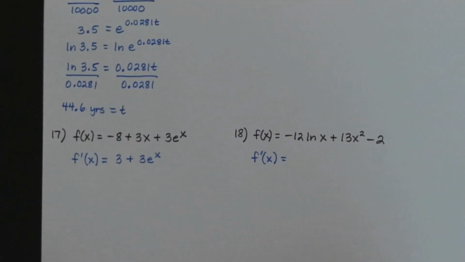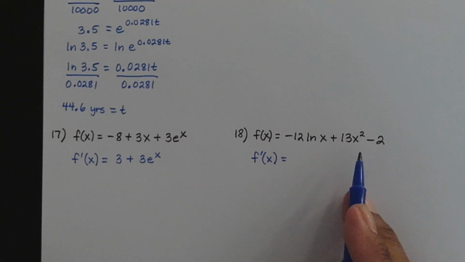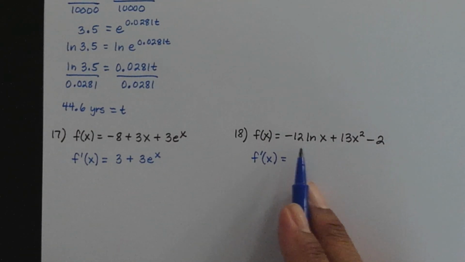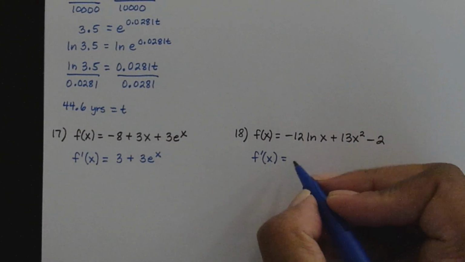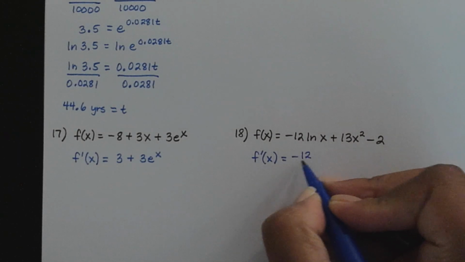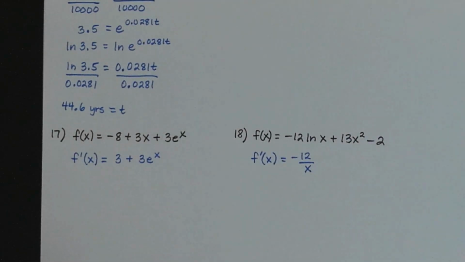Let's take each term and take its derivative. What's the derivative of negative 12 ln of x? Negative 12 over x, because if you remember, the derivative of ln of x is 1 over x. So if you multiply that by negative 12, you get negative 12 over x.